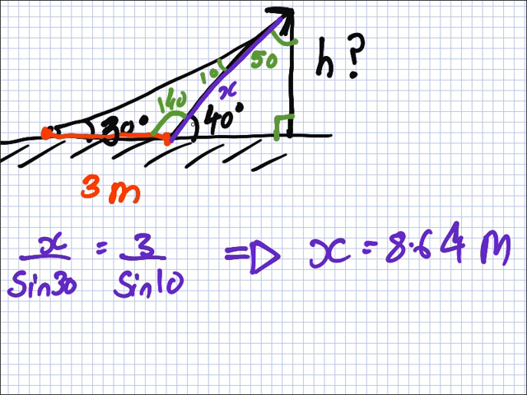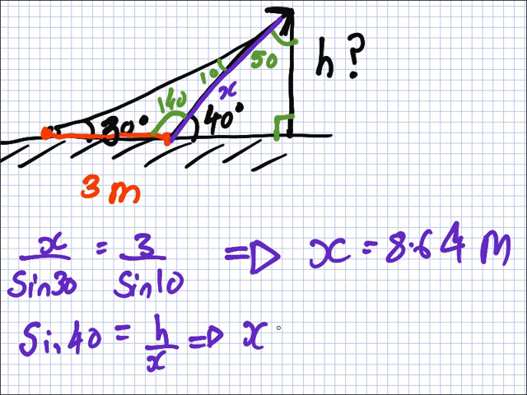Now, if I know X, how can I get H? Well, I could just say sine 40 equals H over X, which we know.